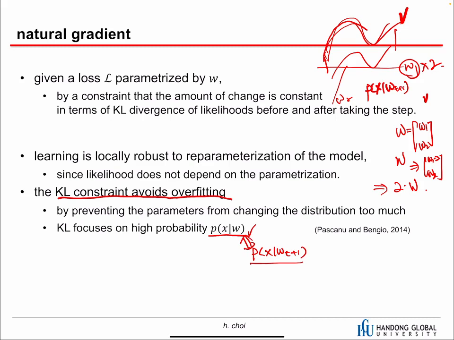The divergence between these two is quite limited, so we don't move toward outliers that much. So natural gradient can avoid overfitting problems. It learns fast because w is moving around with a high likelihood. Actually, when we do some experiments, the natural gradient learns fast and converges faster than the conventional gradient.